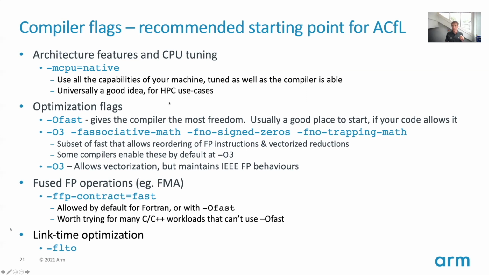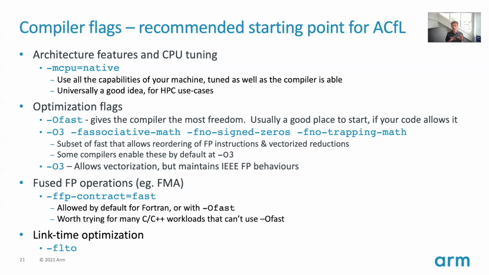So minus O fast gives the compiler a heap of freedom about reordering things like floating point instructions in a way that isn't universally safe. It isn't in strict compliance to the IEEE floating point standard. But when your algorithm doesn't need you to be in strict compliance to that standard, then it allows the compiler to plant code that's significantly faster.